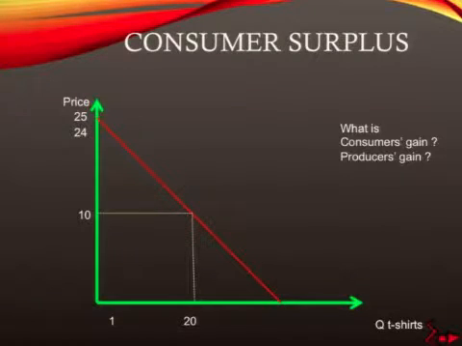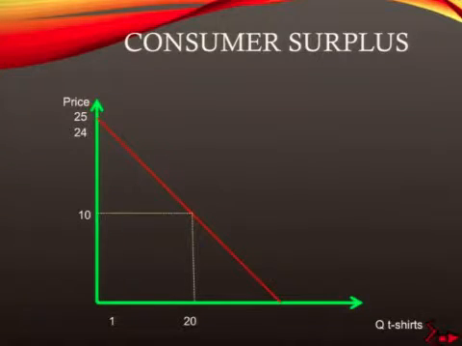Right? So we're going to ask the question, let's just calculate the consumer surplus first. And we're just looking at the demand function right now, the downward sloping line. Let's assume the equilibrium price is 10. So what is the consumer surplus? Well, let's say I'm the consumer, one of the consumers that is predicted by this demand function. It's a market demand. Yeah, it sums up all the individual demands.